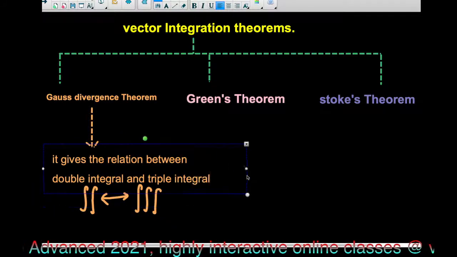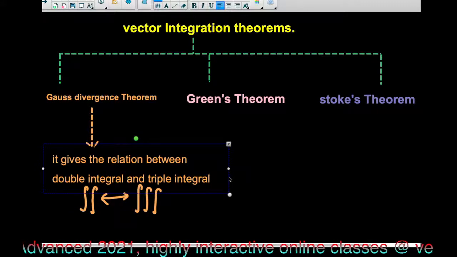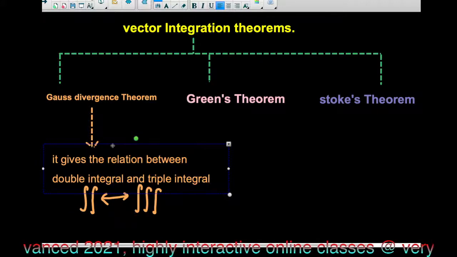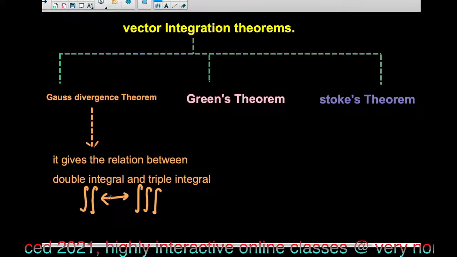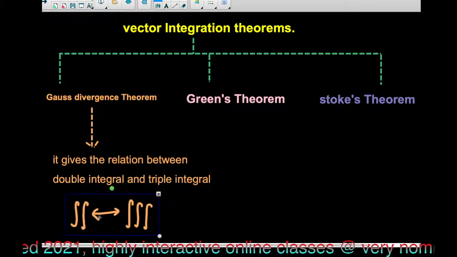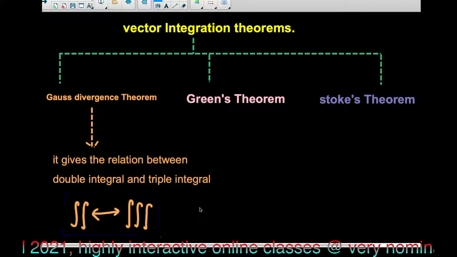So this is the relation that the Gauss Divergence Theorem gives. Later on we'll discuss in detail. Okay, and what about this one? This is the double integral and triple integral relation.